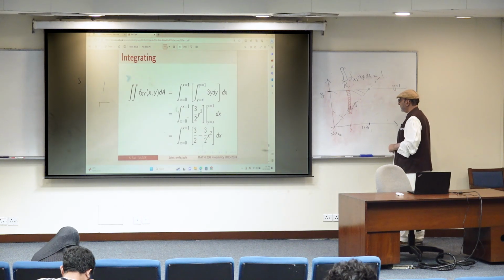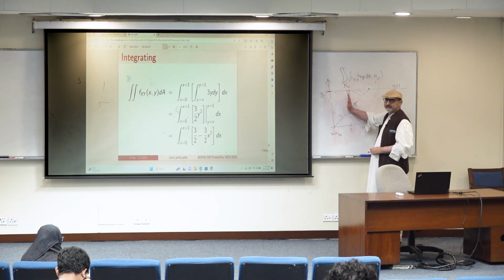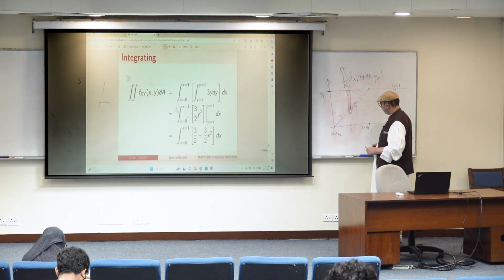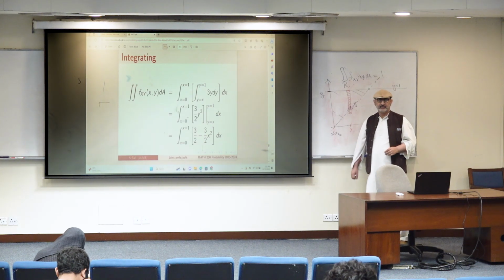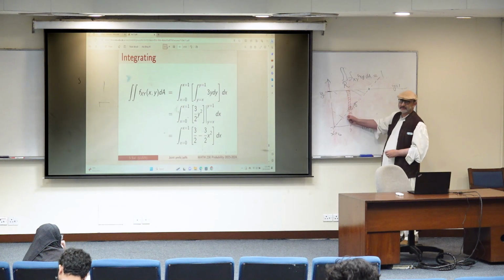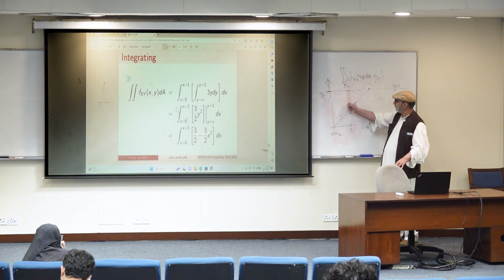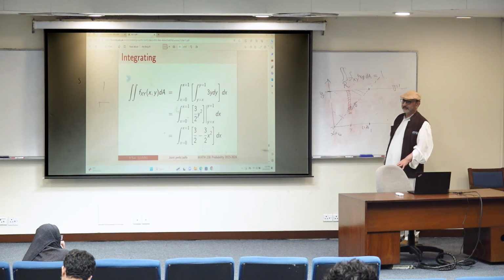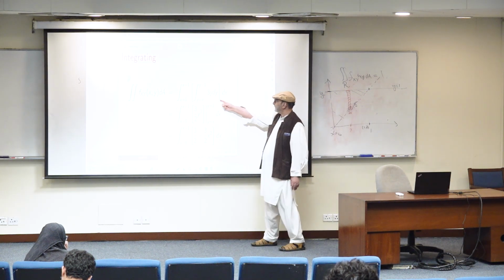And then I need to integrate to get the contribution from all these strips. So this is how I start. Let's say I decide to go in the y direction first. You could do either way. If we're going on a vertical line, then we're doing the y integral first.